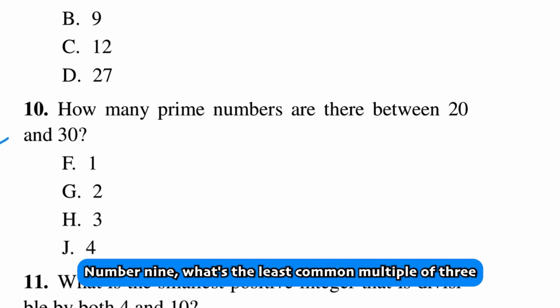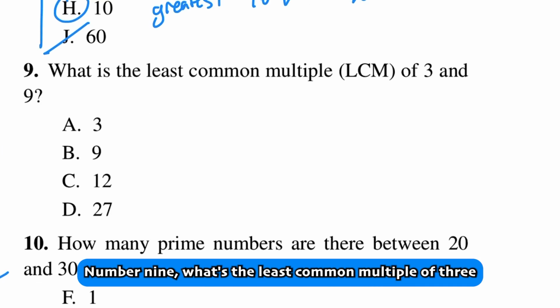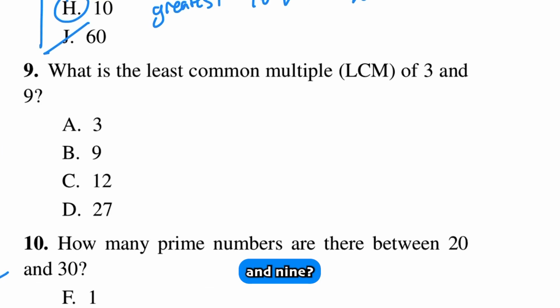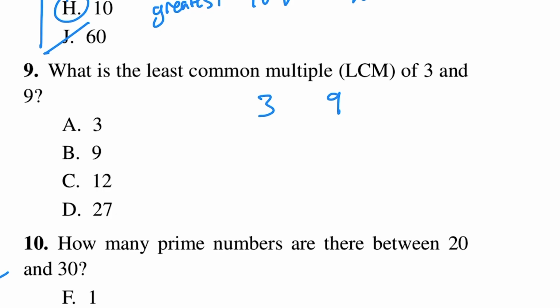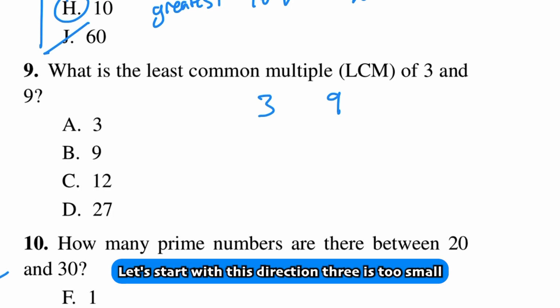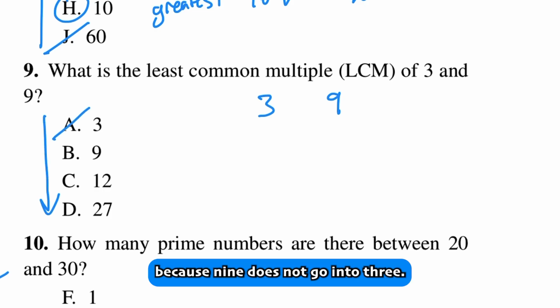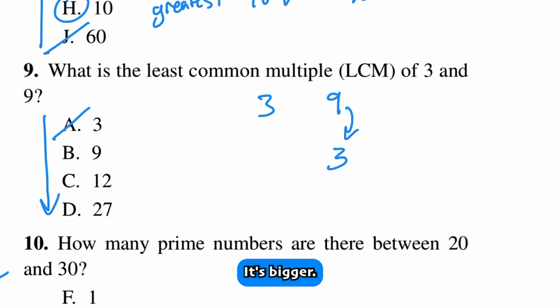Let's look at question number 9. What's the least common multiple of 3 and 9? If we look for least common multiple, let's start with this direction. 3 is too small because 9 does not go into 3. It's bigger.